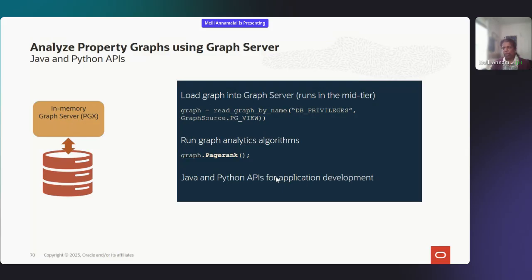What we have today is you have your database and you load this graph into the graph server. So you're taking a snapshot of the data for doing analytics, and then you process the graph in memory with analytics, and then you can use the results anywhere.